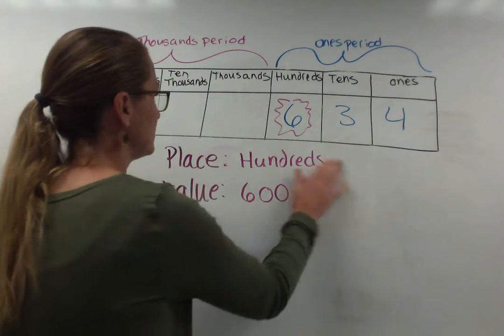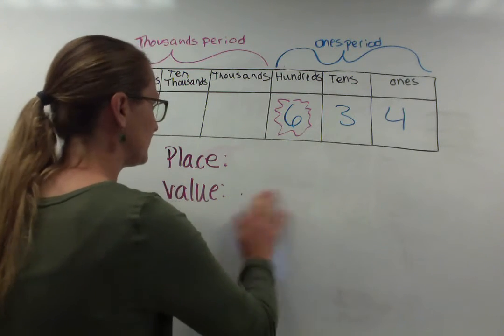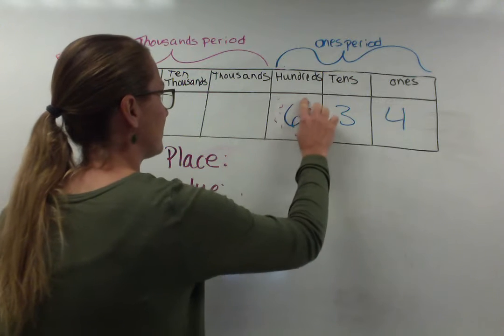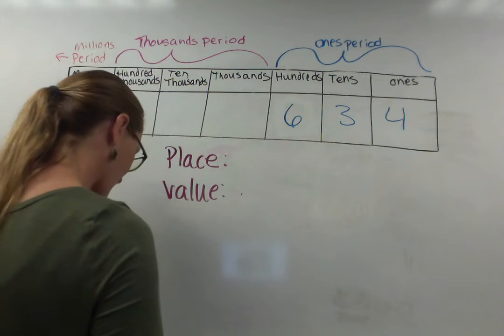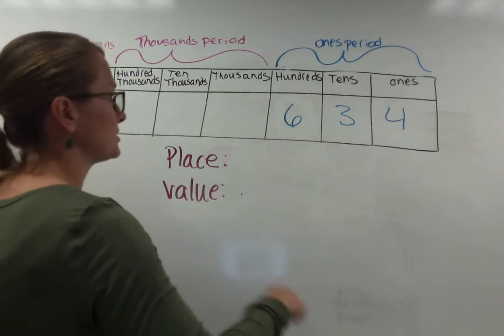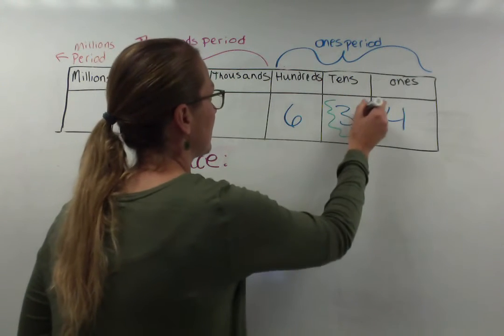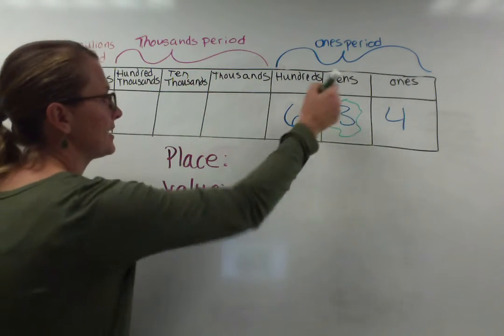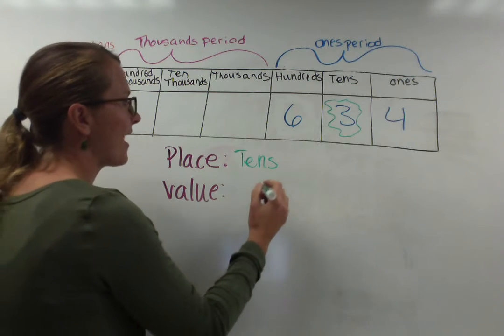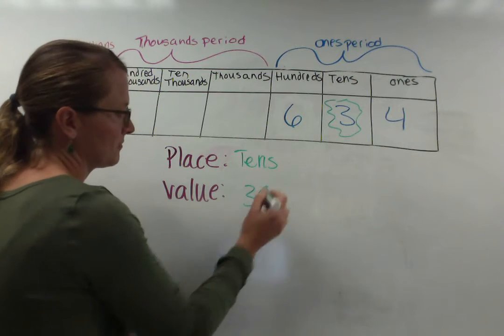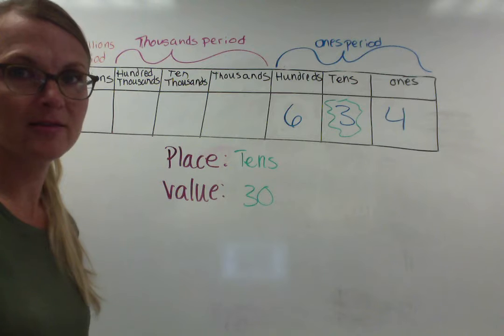Let's do this a little bit differently. Instead of the value of the 6, I want to know the value of the 3. The 3 is in the tens place, but the value is 30 because there are 3 tens.